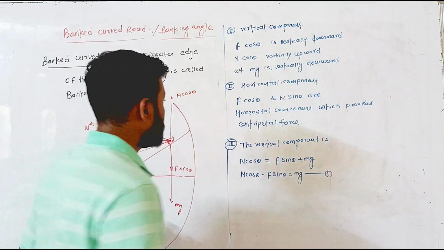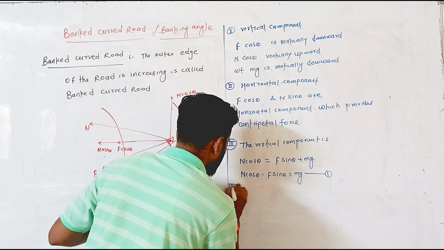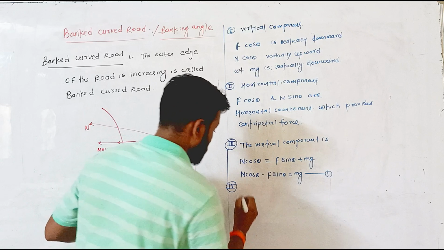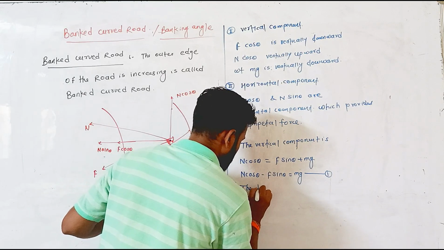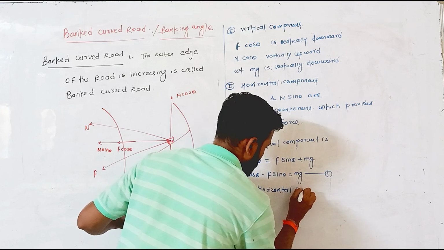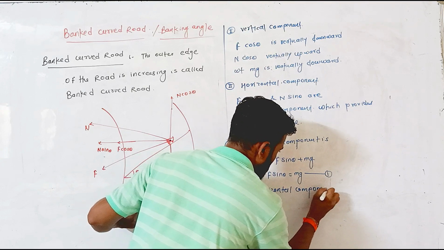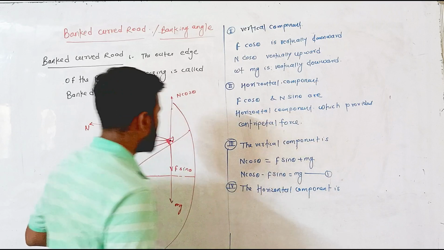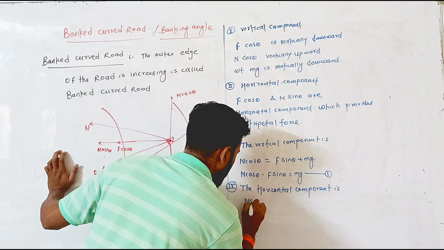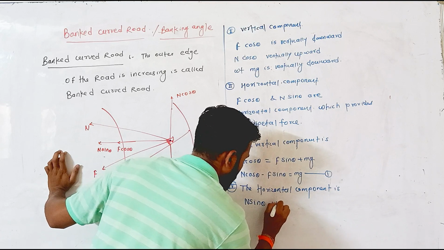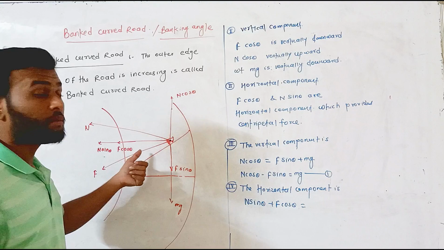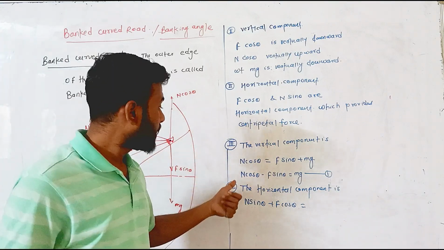In the fourth step, what do we write? The horizontal component. What is the horizontal component? N sin theta plus F cos theta equals the centripetal force.